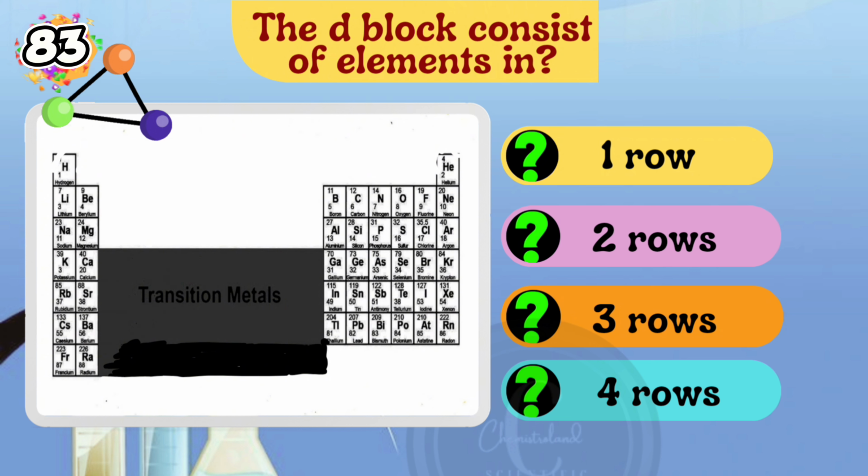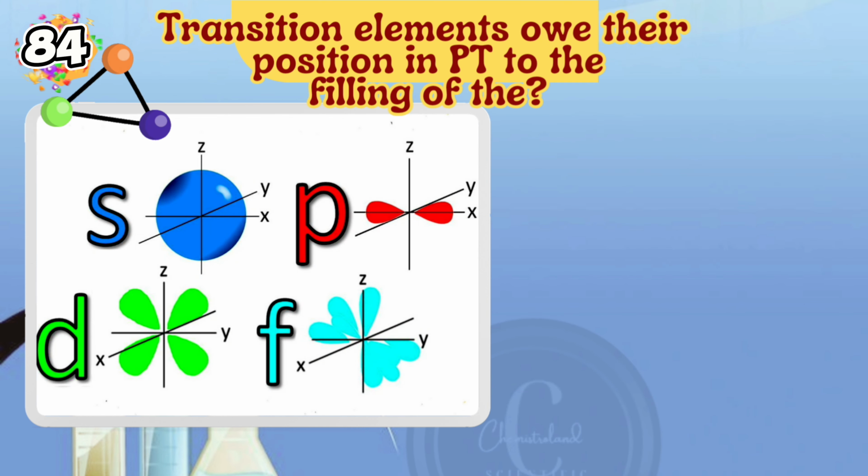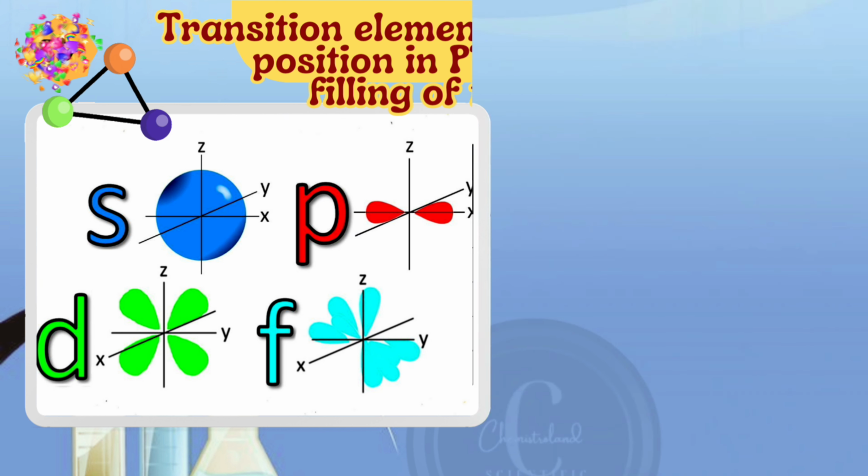The D block consists of elements in... it consists of 4 rows. Transition elements owe their position in periodic table to the filling of the d orbitals.